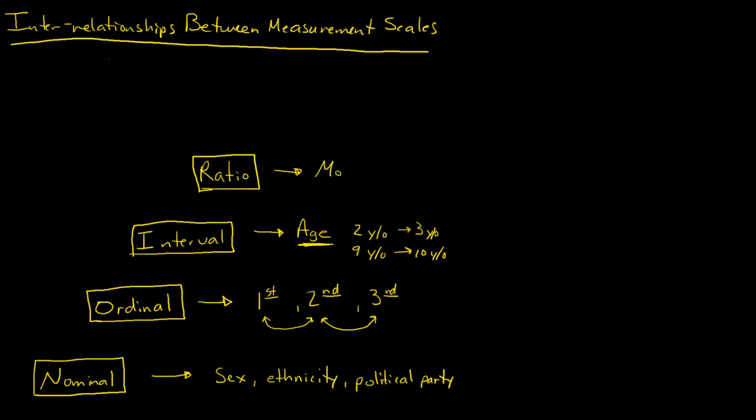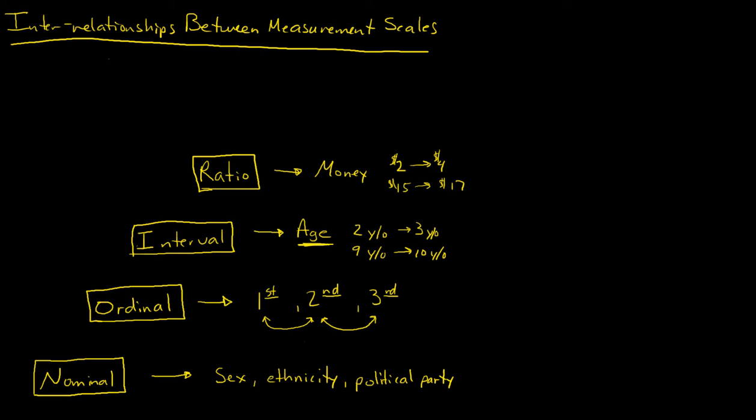So let's talk about money, and we could say again the amount of money between $2 and $4 is the same amount of money between, let's just say, $15 and $17.